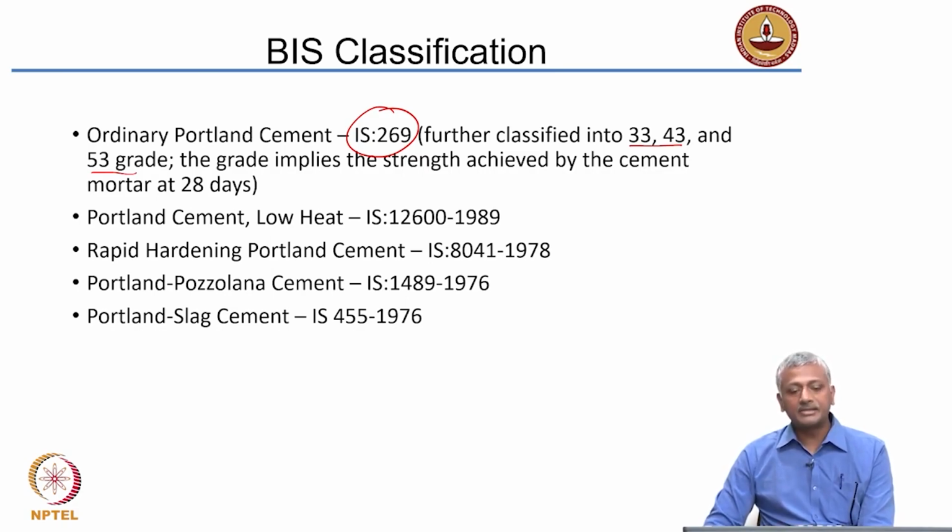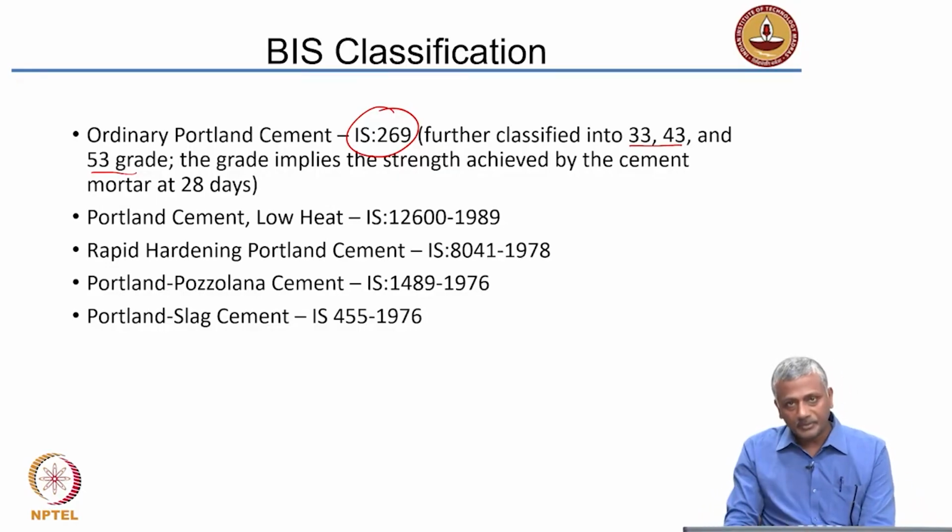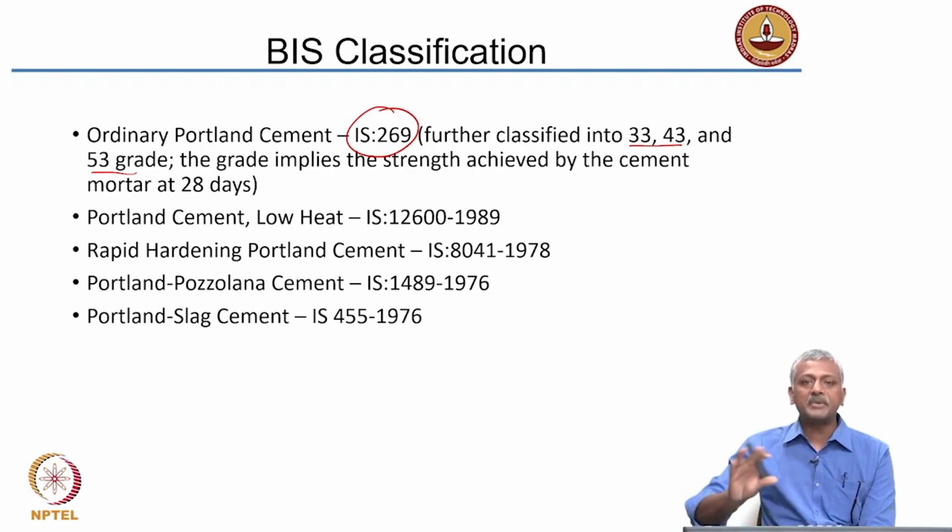So, I said earlier the compressive strength of cement is determined on the mortar. So, the grades 33, 43 and 53 basically refer to the strength attained by the cement mortar, as per a certain formulation.